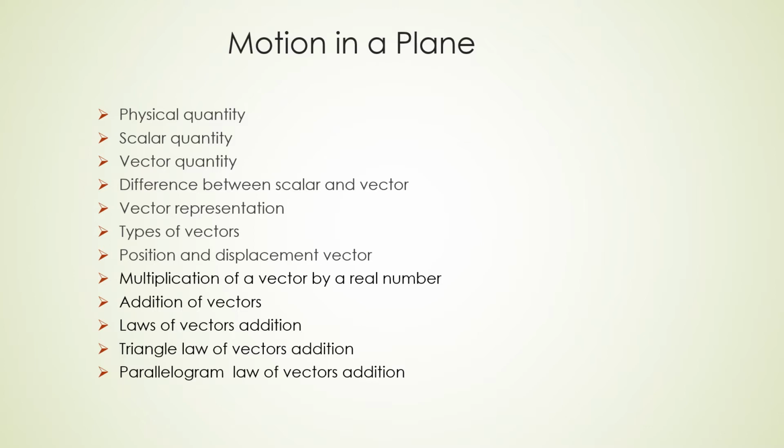Then types of vector, and we will define position and displacement vector. Then we'll understand multiplication of a vector by a real number, then addition of vectors and laws of vectors addition, that is triangle law of vectors addition and parallelogram law of vectors addition.